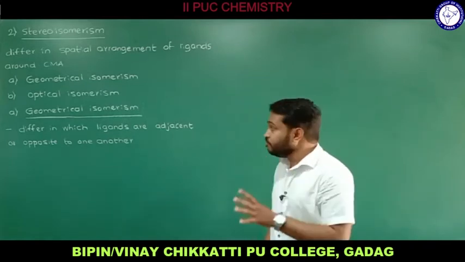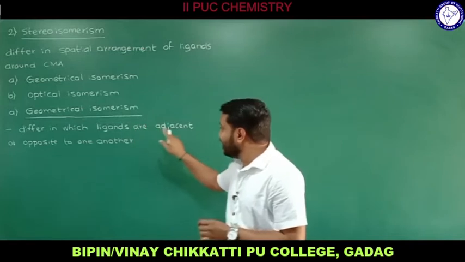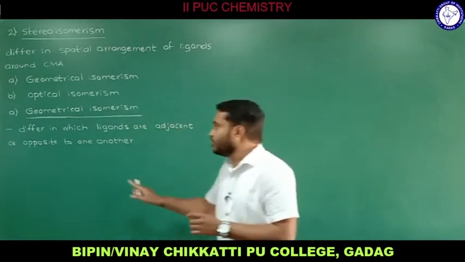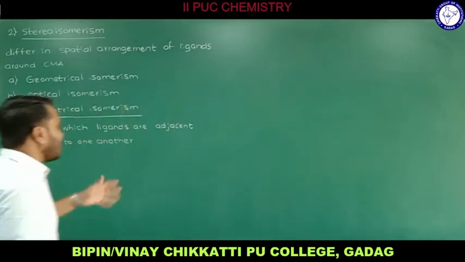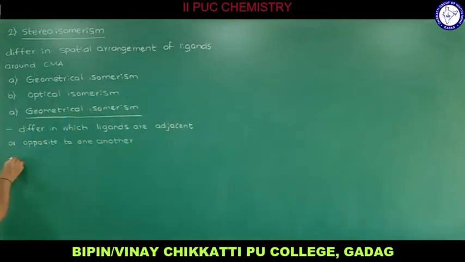The very important part is whether the ligands are adjacent to each other or opposite to each other. Based on that, we name the respective isomers cis and trans. So the first one is cis and the second one is trans.